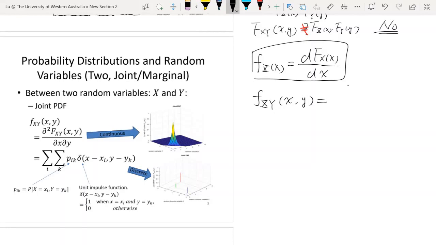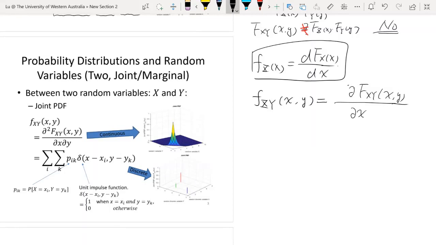Let's do the first one. We want to evaluate the change rate of the joint CDF, F_XY(x, y), with respect to x only. So we use a partial derivative with respect to x.